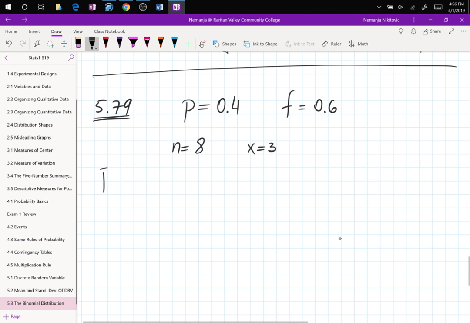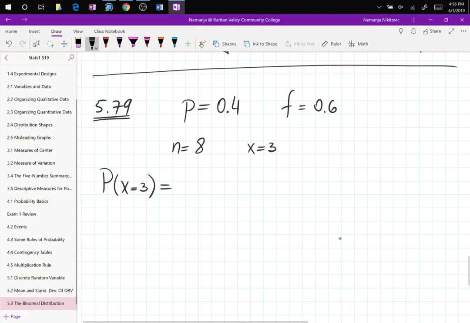So what do we have? Well, we're looking for the probability that X equals 3. The question states, in 8 traffic fatalities, find the probability that the number that involve an intoxicated or alcohol-impaired driver is exactly 3.